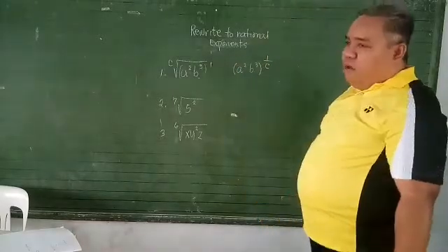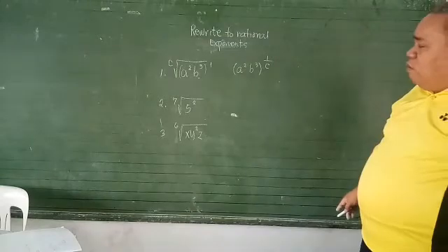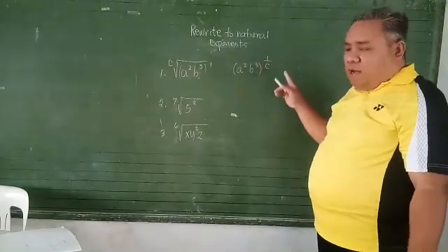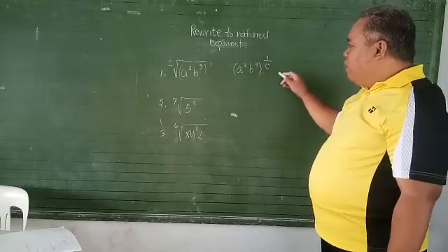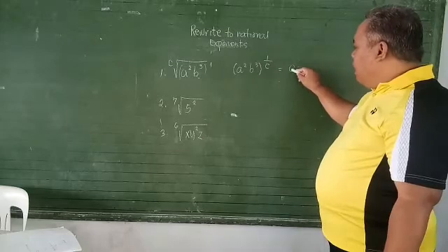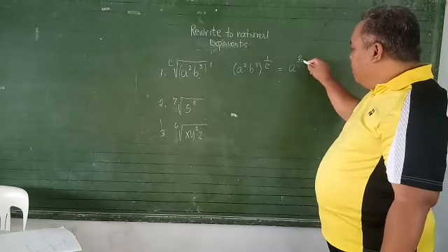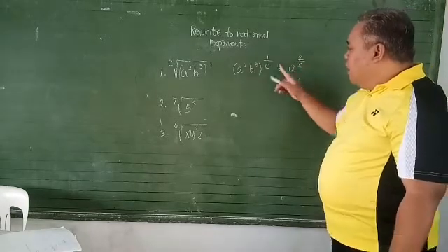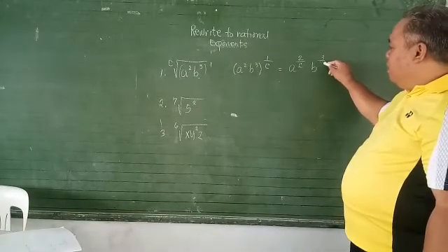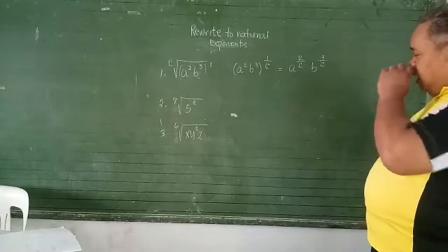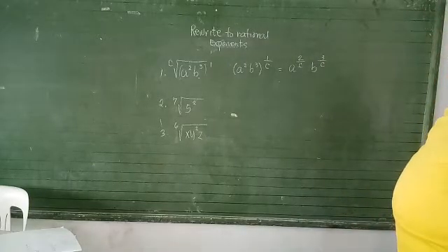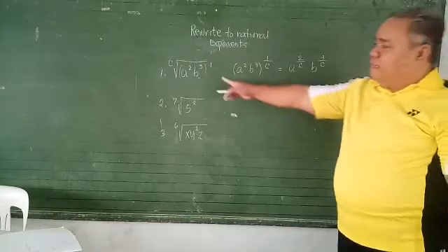Now, if we make this individual rational exponents, we multiply. So this becomes a to the 2 over c, and b to the 3 over c. That will be the rational exponent of this radical expression.